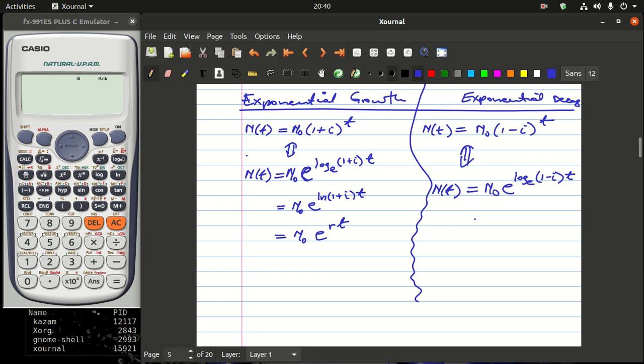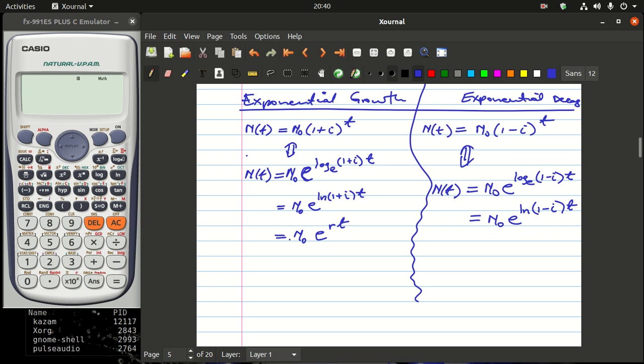And then if you work this further, you will find out that this is the same as n naught e raised to ln(1 minus i) times t. Of course, I will talk about this a little bit at a later stage.